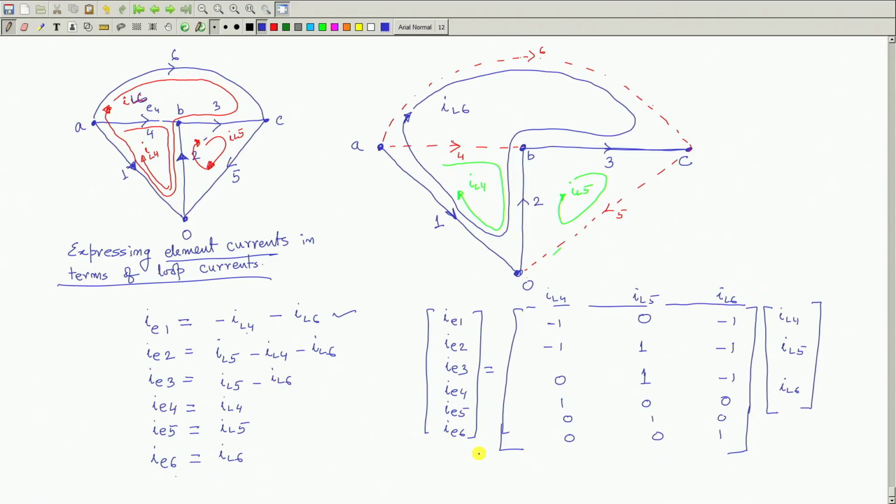What will be the size of the matrix? The number of rows is the number of elements, E, times how many fundamental loops will be present, which is equal to the number of links which are present.